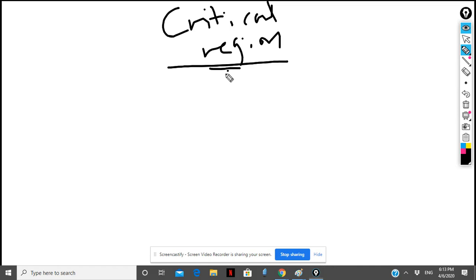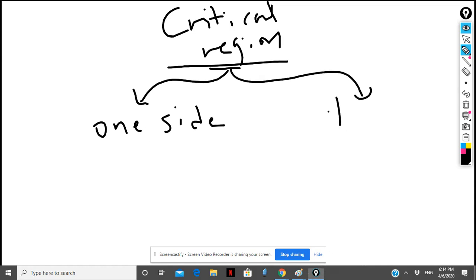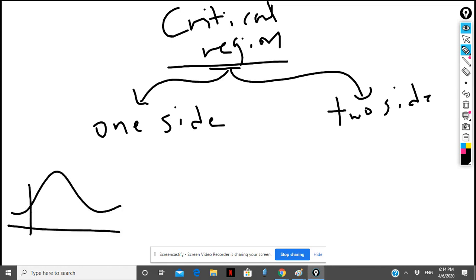This critical region may be one side or two sides. What does it mean? In one side, the critical region is going to be either to the left or to the right.